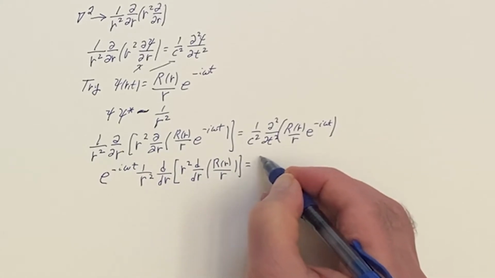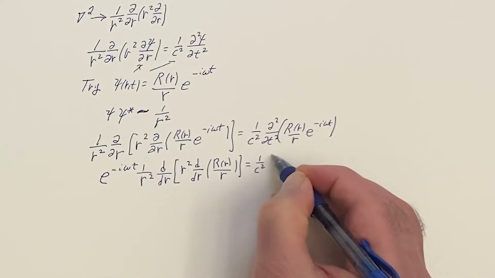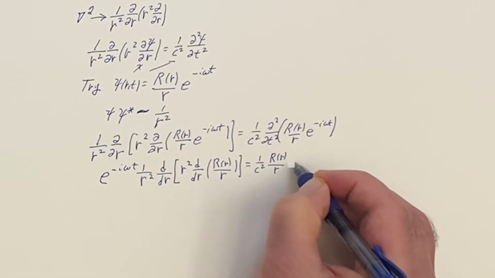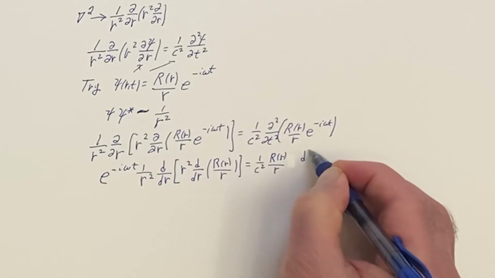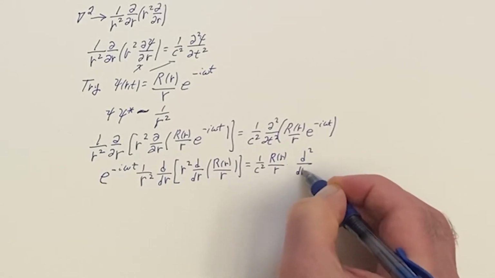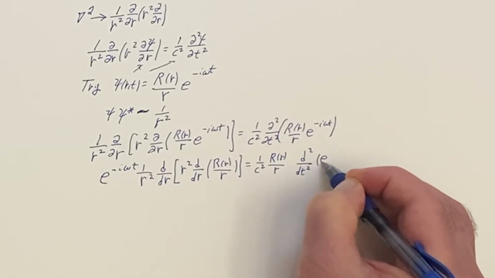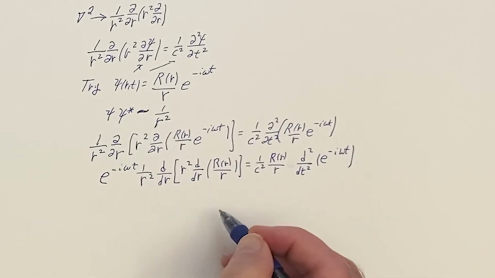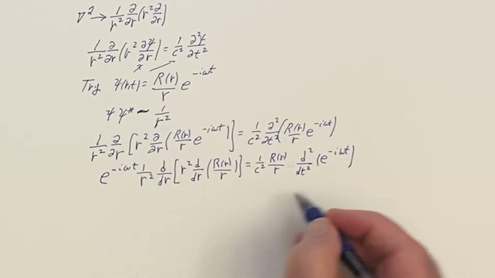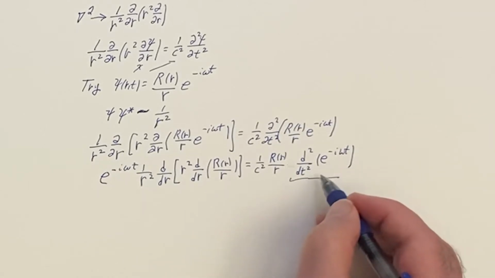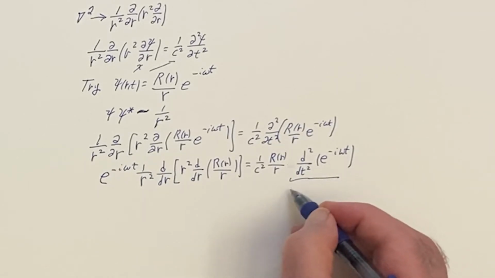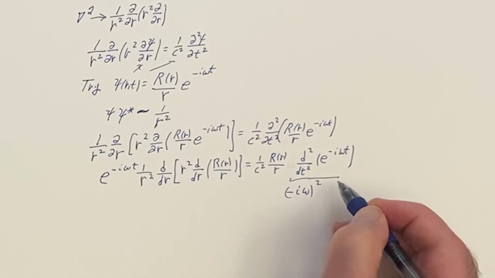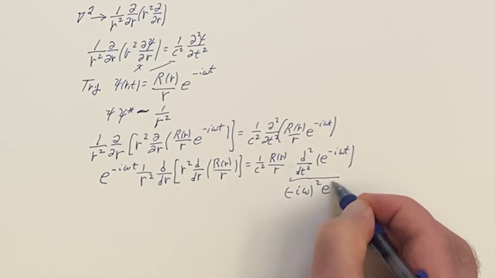Over here we can pull out the r dependence, and this becomes a regular derivative with respect to time. Two derivatives will pop the minus i omega down twice and give us the same thing.